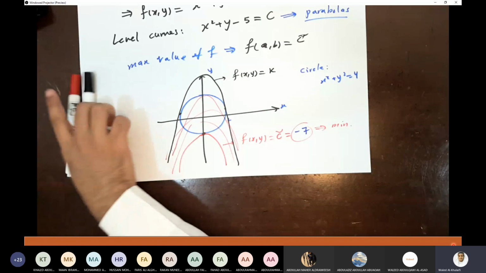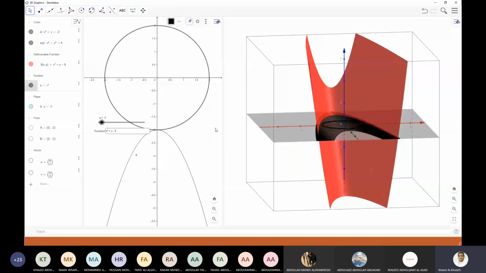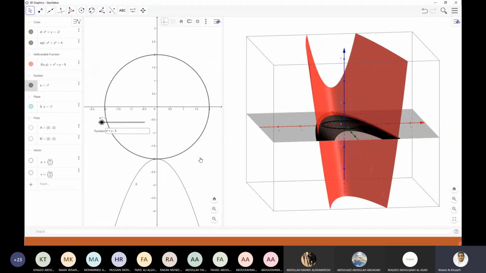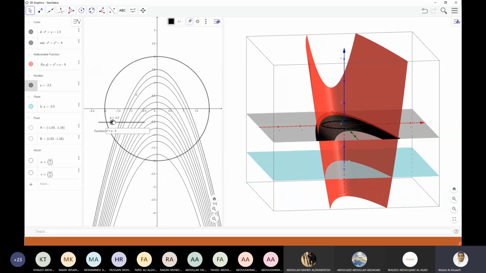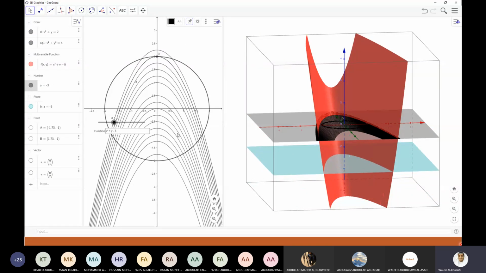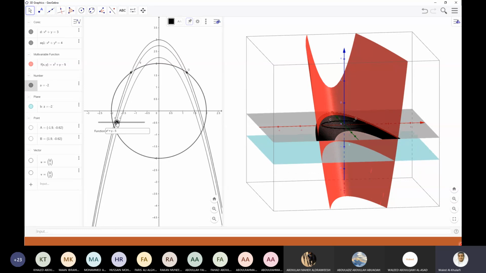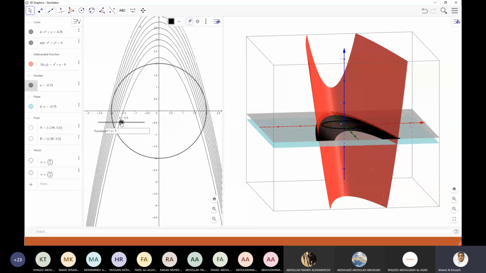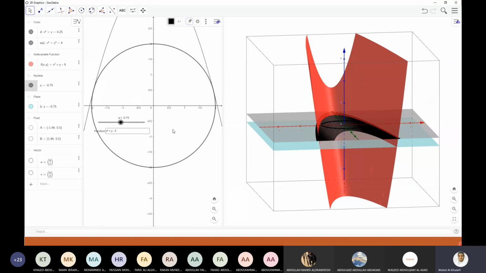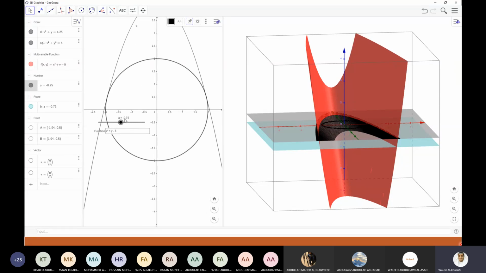And we can find it. Because I'm using software, we can go a little bit up. See, this is the level surface when A equals negative 3, but I can go a little bit up and barely touch these when A equals negative 0.75, touching these 2 points. So let me just put these 2 points, these intersection points.